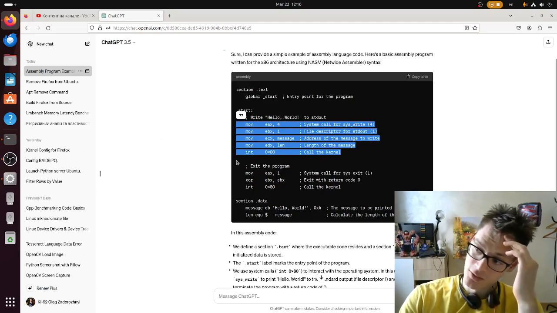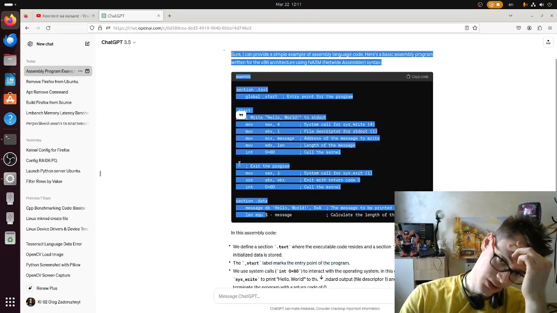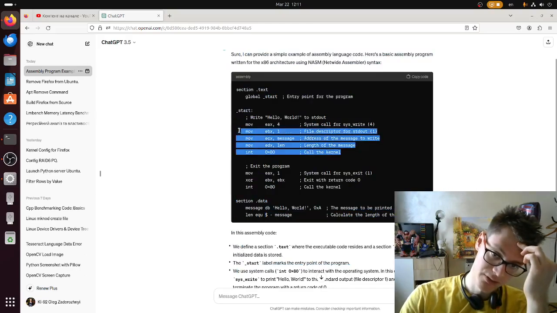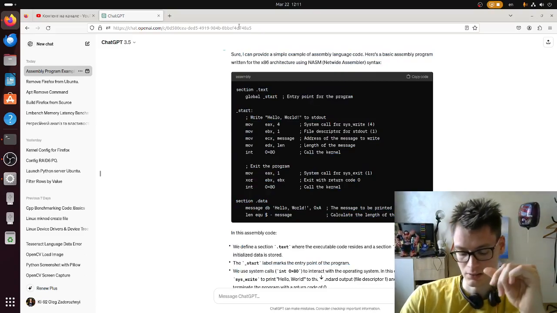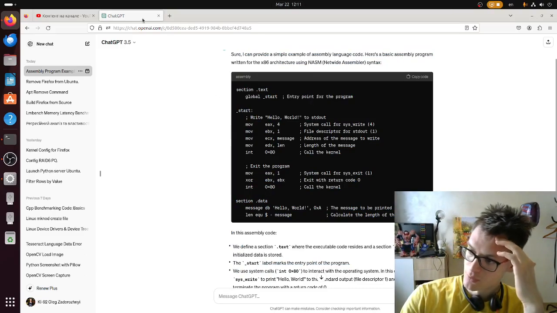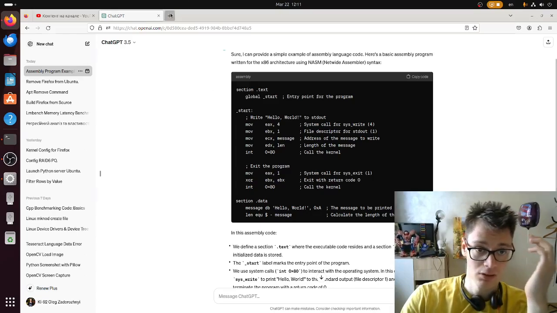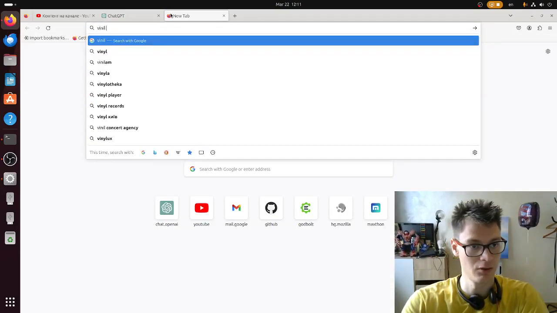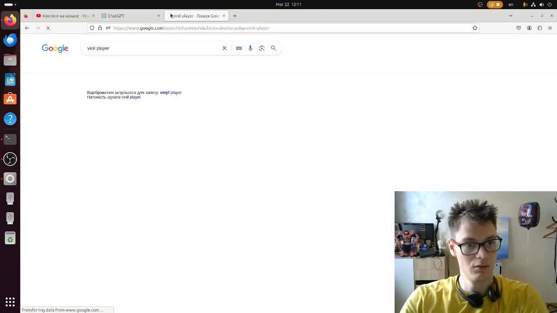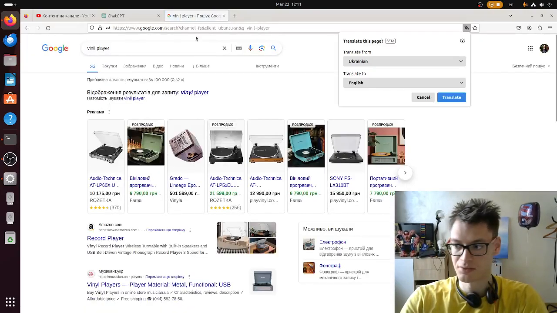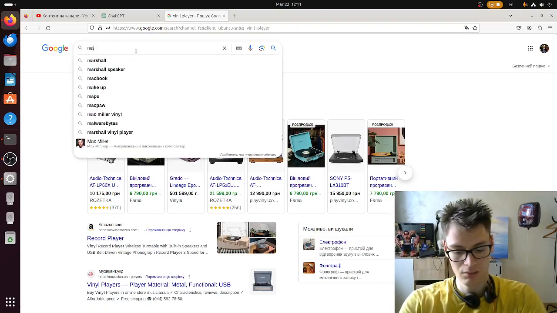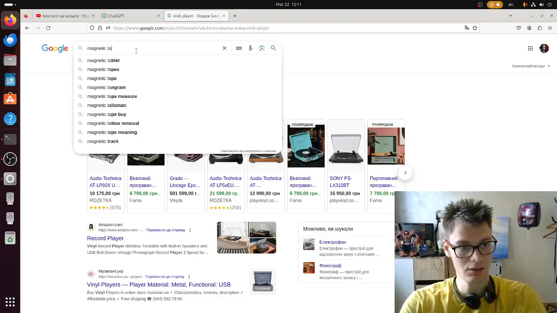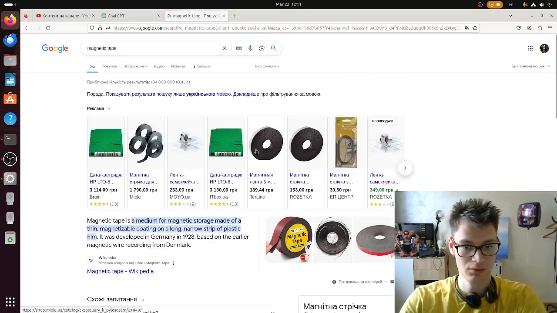Okay. So we need to understand how, by the way, data is stored. Of course, we know that it can be stored like on vinyl players, I'm talking about this stuff. Then there was magnetic tape, this one.